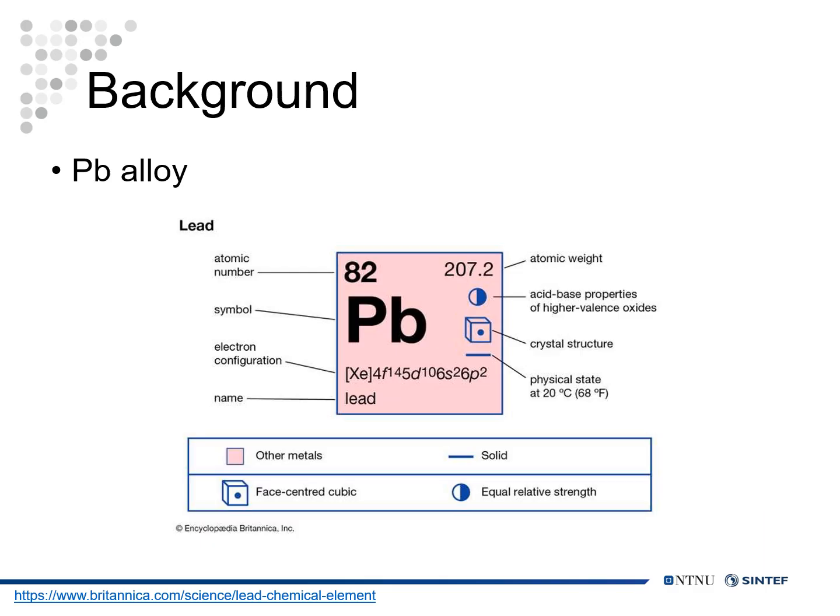Lead alloys are commonly used in subsea power cable sheathing due to their easy manufacturing, chemical stability, and relatively good mechanical ductility.